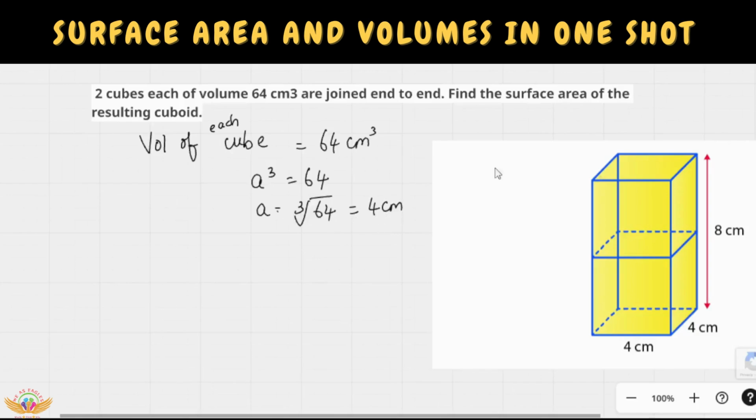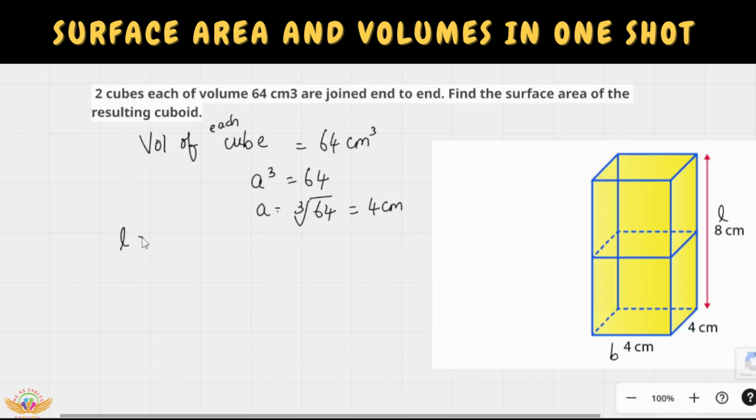Done. Now see, this is 4, this is 4, and this is completely 8. This will be our length and this will be our breadth, and the height will also be 8 centimeters only.